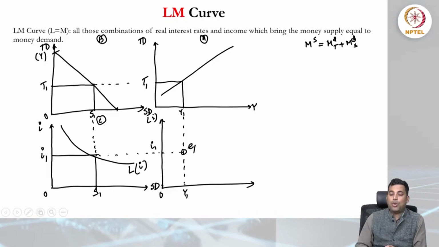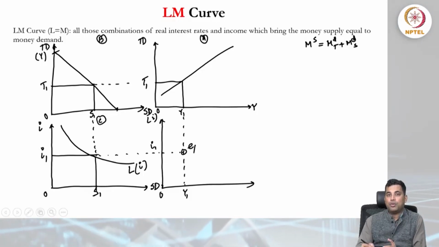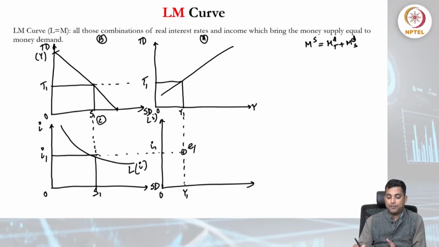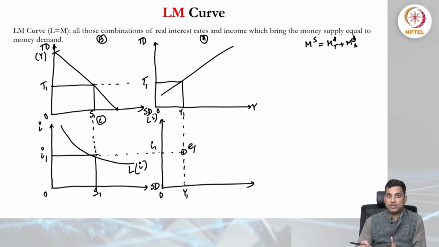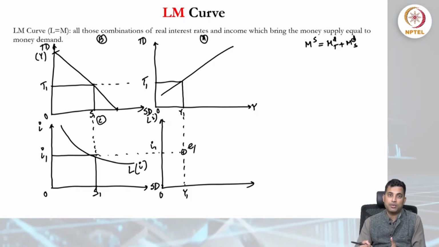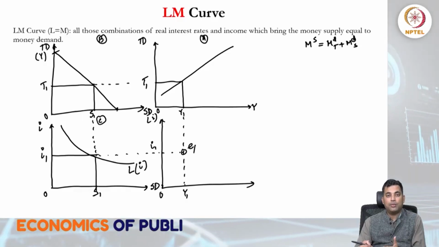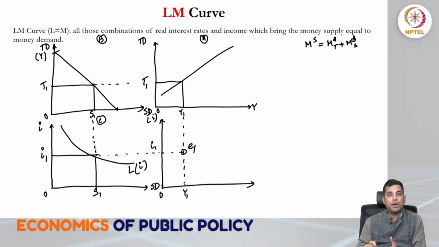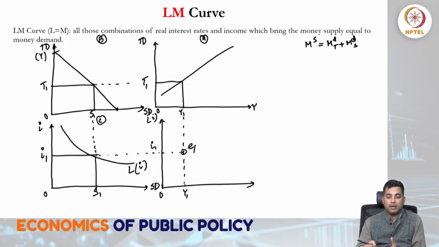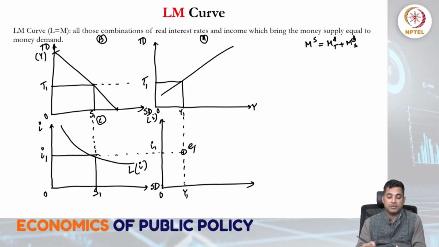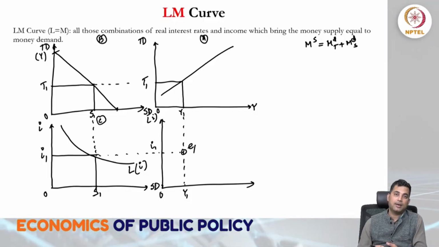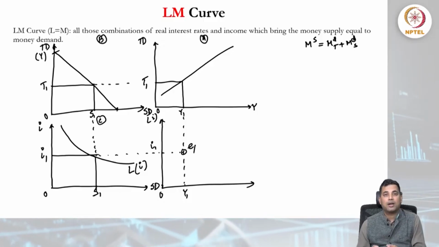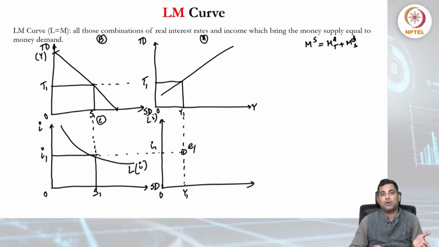So with OY1 amount of income, we can transact for goods and services OT1 amount, and with OT1 amount we have OS1 amount of money for the speculative purposes, and this OS1 amount of speculative money is used in the money market at the rate of OI1 rate of interest.